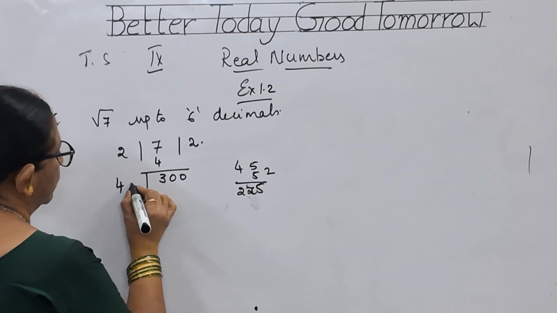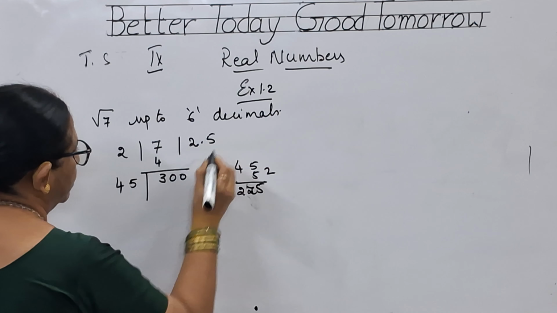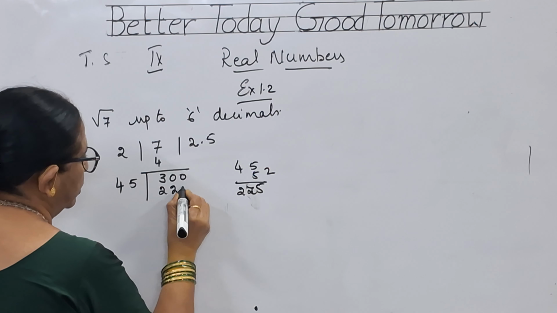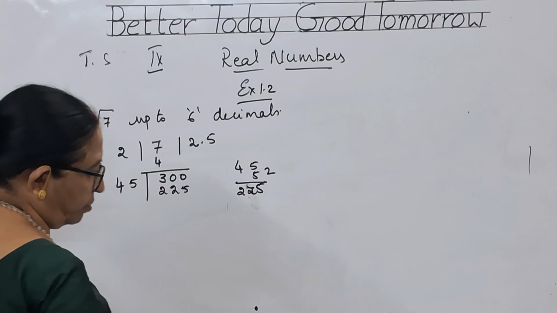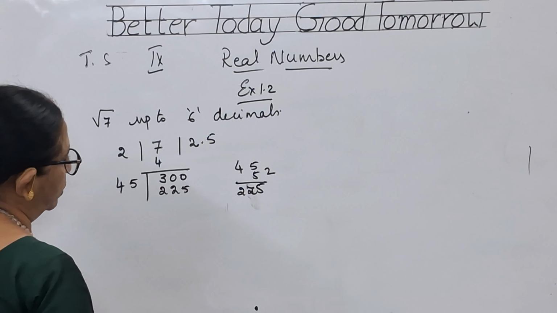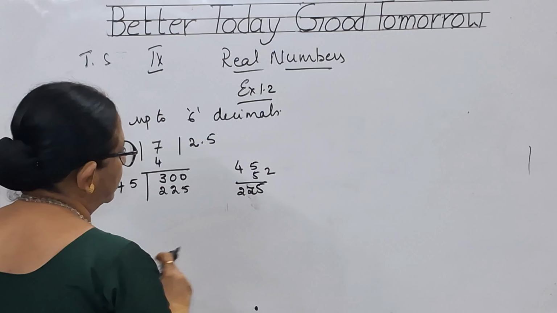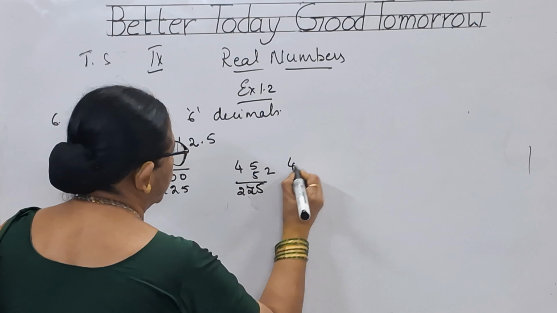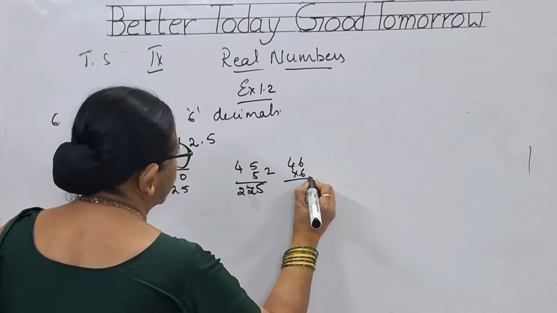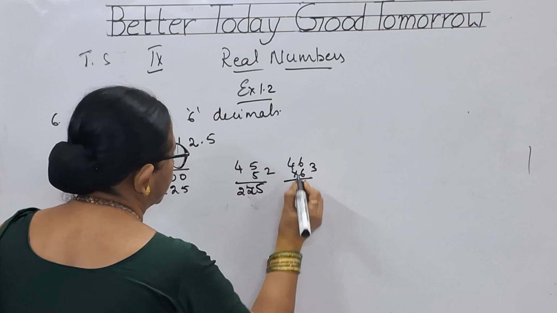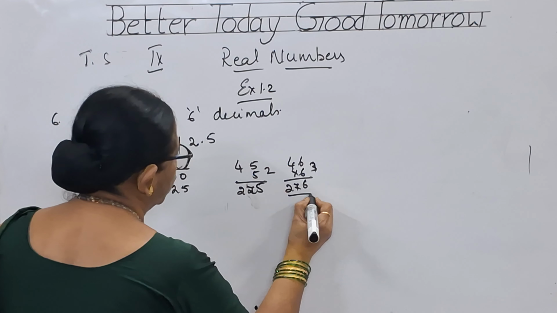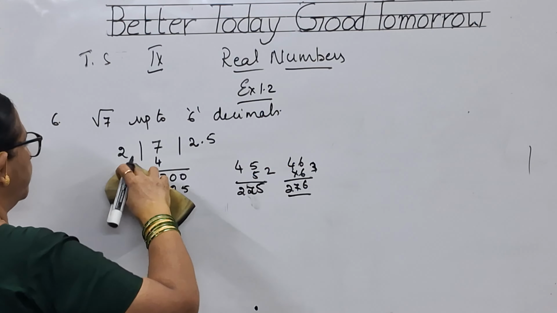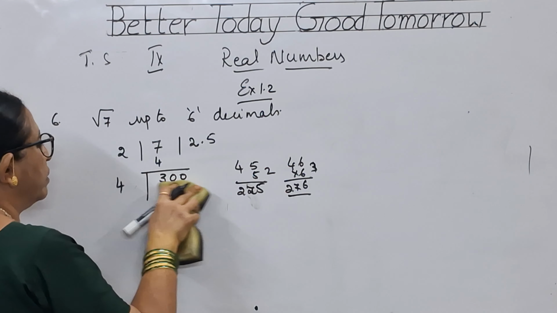So you will be getting 225. Let us go for the next one, children. Suppose you have got 6: 6 6s are 36, 6 4s are 24, 27. Even 276 is smaller. So better we go with the 6.